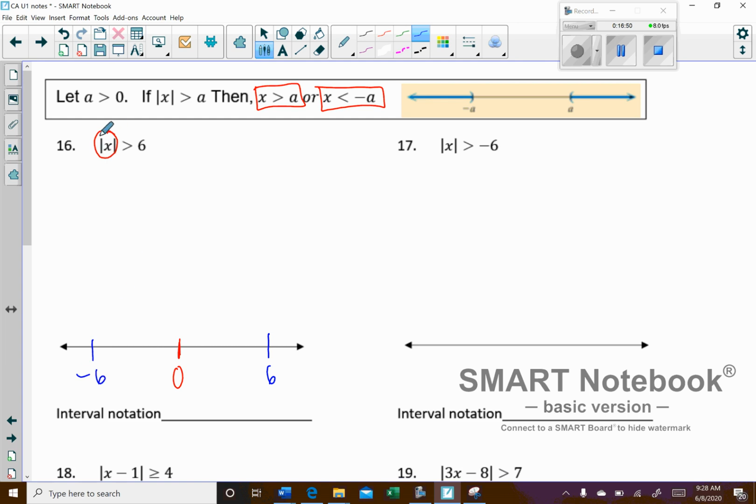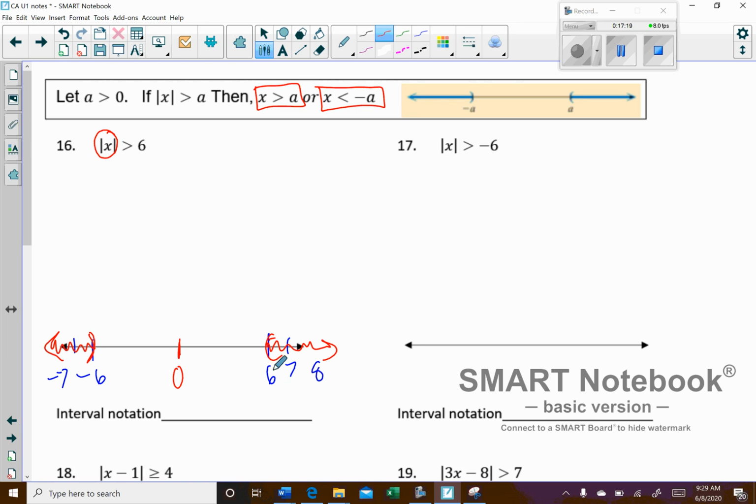You're looking for all numbers that are more than 6 units away from 0, like 7, 8, and so on, or -7, -8, and so on in that direction. So you're shading away from 0 this time, and we're going to have parentheses because of the inequality symbol. We don't have the equals to part with the inequality symbol. And so that's the number line of this.